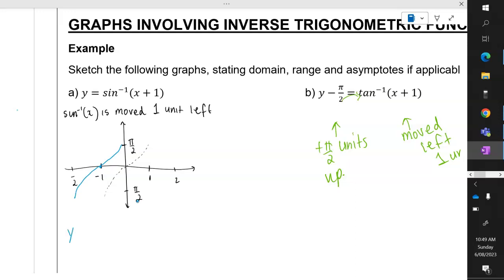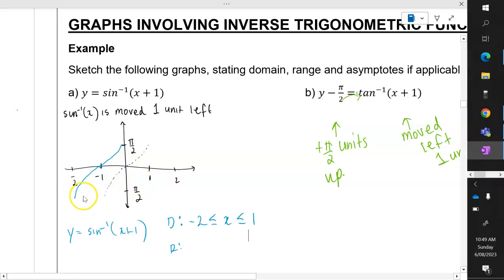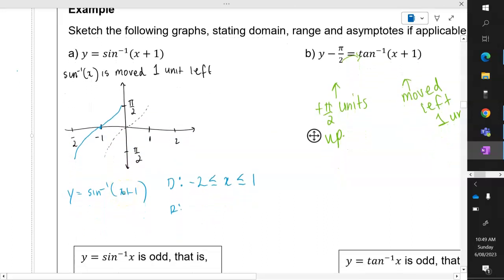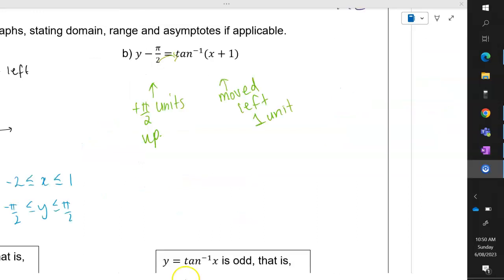So I'll better write what the curve is. So it's inverse sine of x plus 1 is going to have a domain between -2 and 0 now. So everything's moved across 1 unit. And our range, however, hasn't shuffled up or down. So our range is going to be between minus pi on 2 and pi on 2.